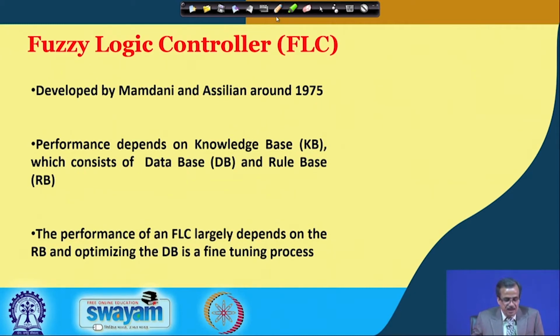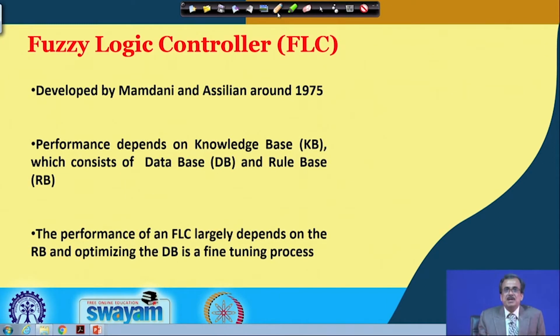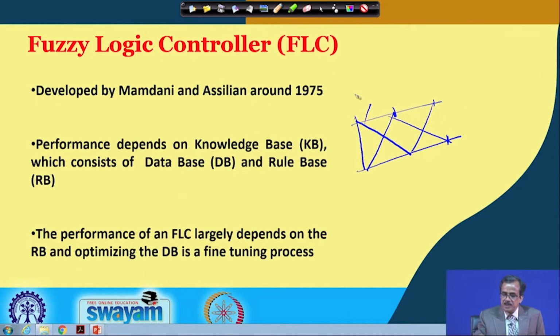On the other hand, database optimization is nothing but the fine tuning process. Now, let us see what we do during this particular database optimization. Now, if I consider the database is nothing but this type of triangle, so if I consider this type of triangular distribution for this particular database, so this is low, this is medium, and this is high.